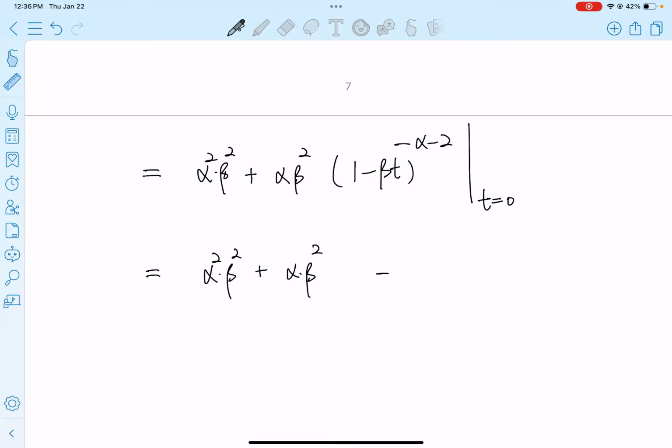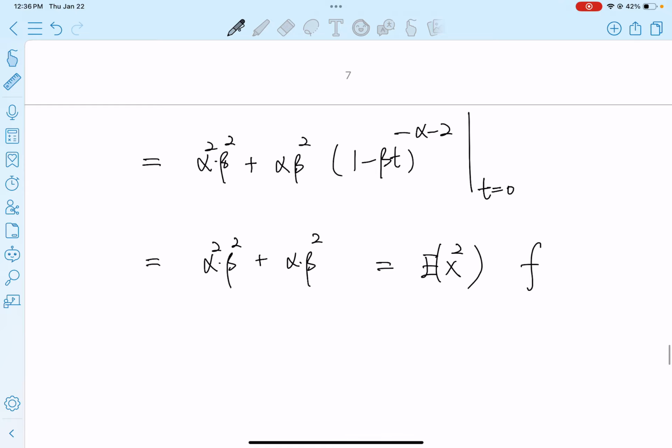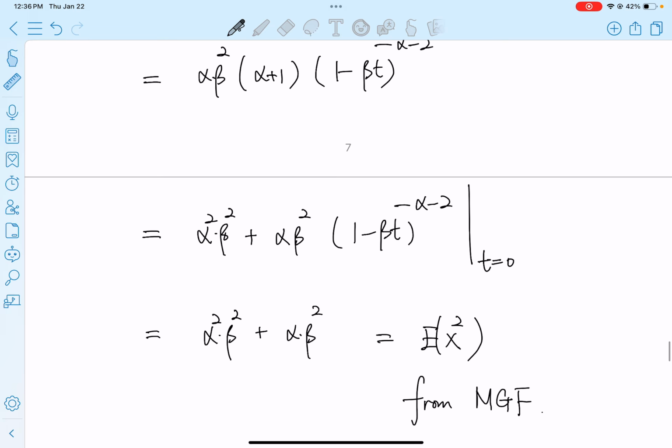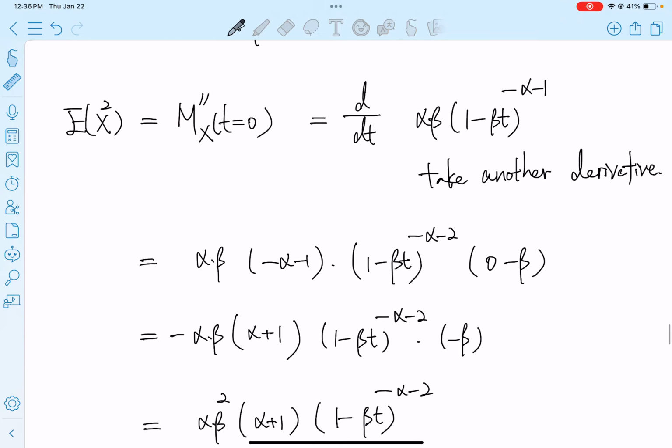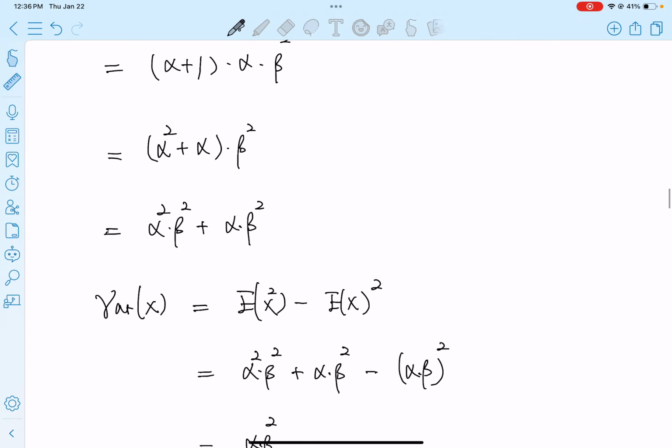Okay, so this is the second moment from the moment generating function. And now let's compare with this, alpha squared beta squared plus alpha beta squared.